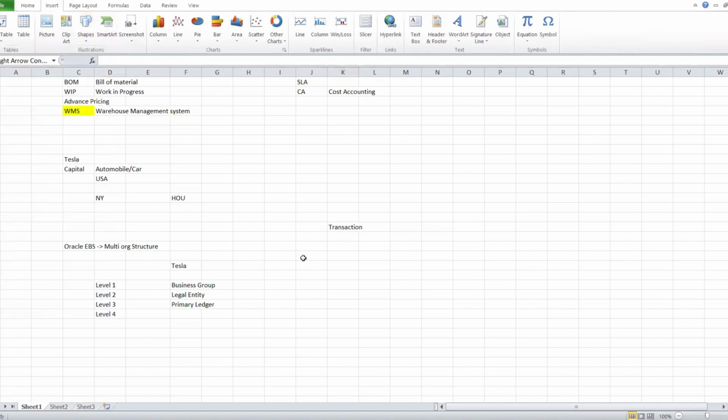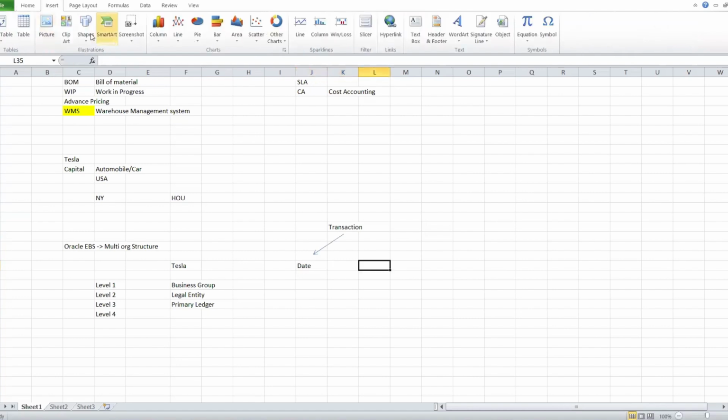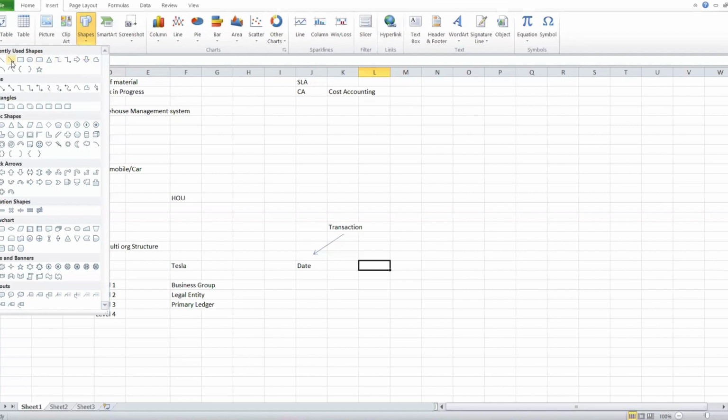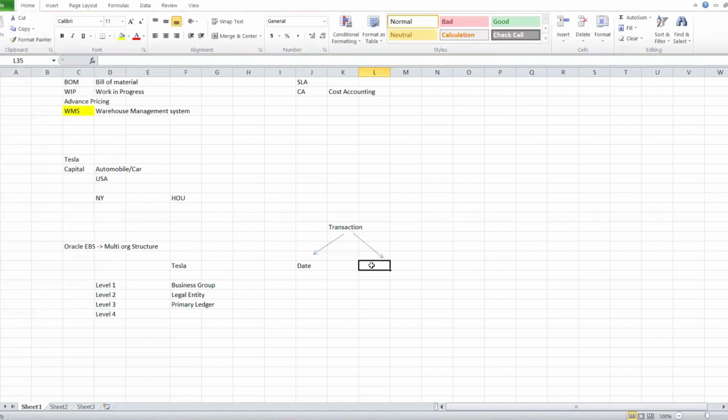One is the date, the transaction date. One is debit and credit.